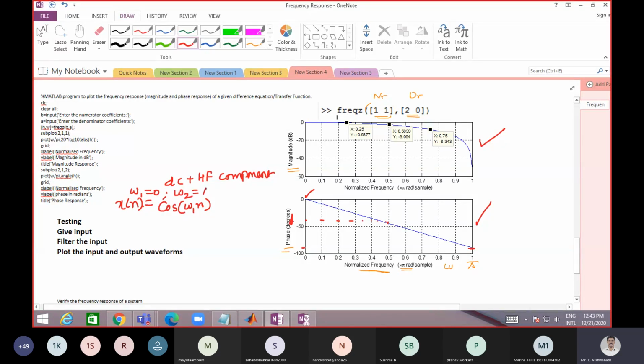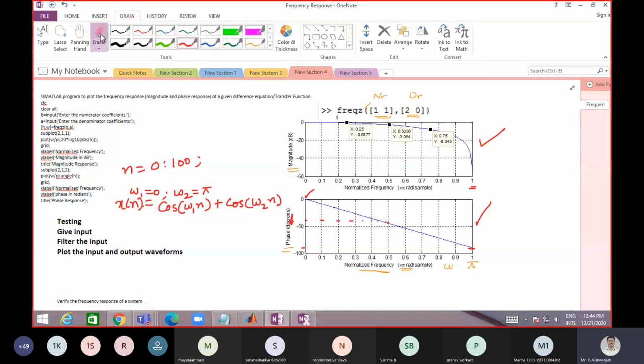High frequency, plus cos omega 2 n. So let us define n. N is number of samples, 0 up to 100 samples we will take. Now x. So x in MATLAB we cannot specify like this.